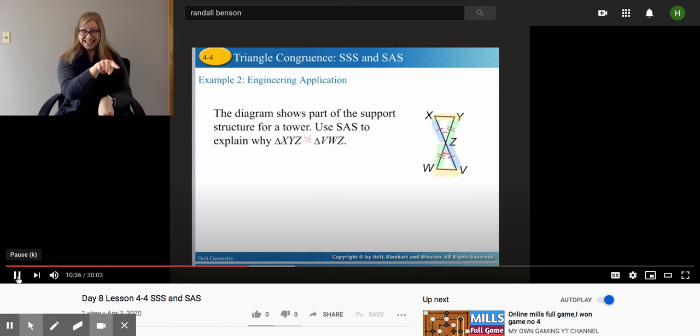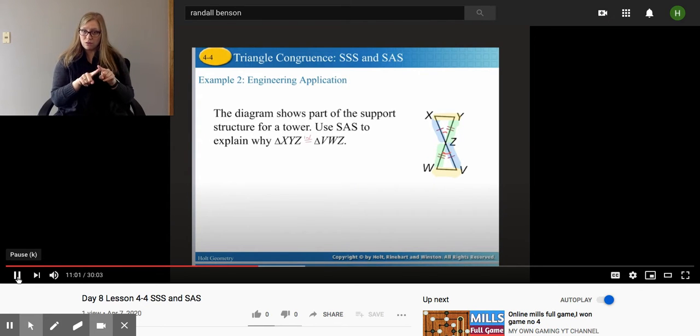And so we do know that vertical angles are always congruent. So you can see that this setup is just perfect for having a side, the included angle, and the adjacent side being congruent to the side, the included angle, and the adjacent side. So that's how we're going to explain this.